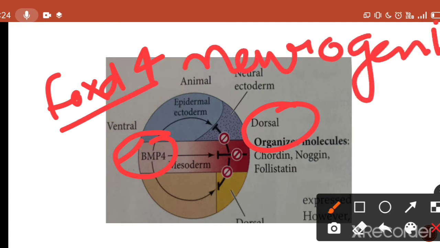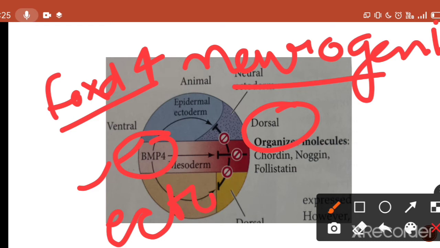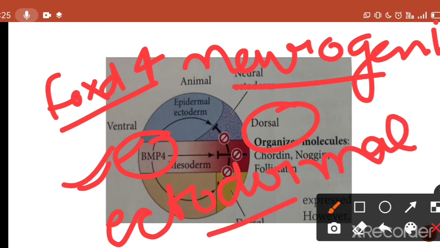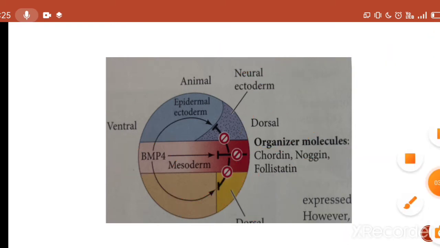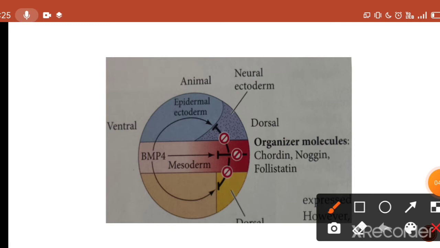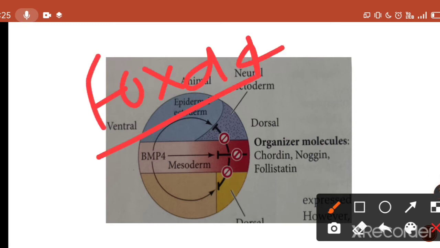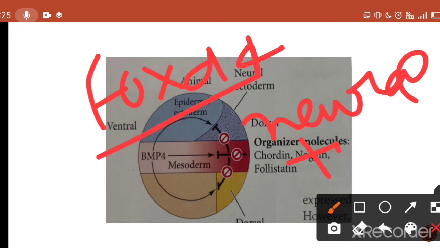These genes repressed by BMP4 are FoxD4 and neurogenin, and they are involved in forming the neural tube or neural tissue.